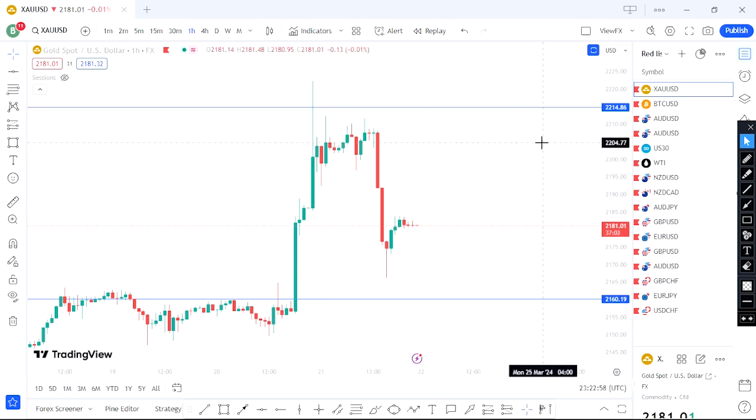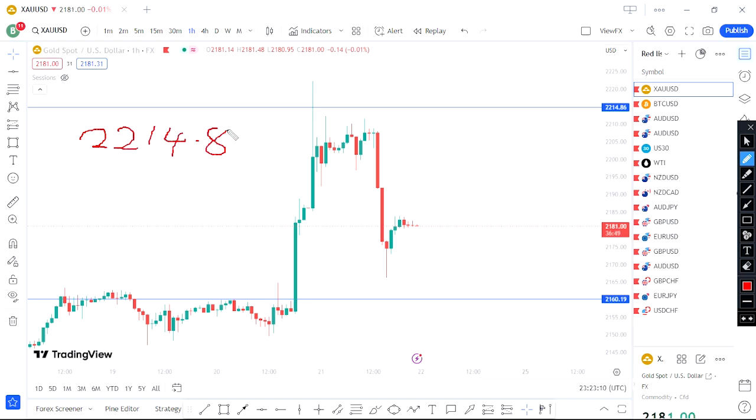So the first thing I'm going to do is use my pen. So I'm going to start from here. This is 2214.86, and I'm going to subtract this one, 2160.19.